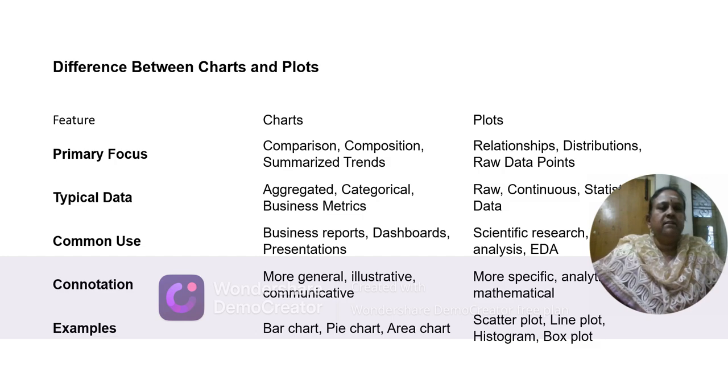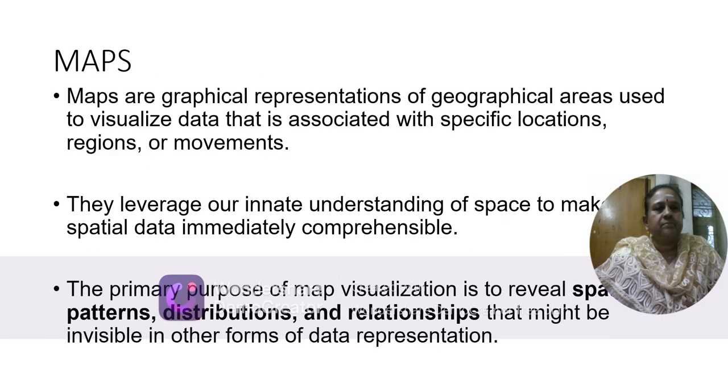So these are quite the differences between your chart and plot. It is up to an individual to choose for which application a chart or a plot is used, depending on the application and the particular data being represented.